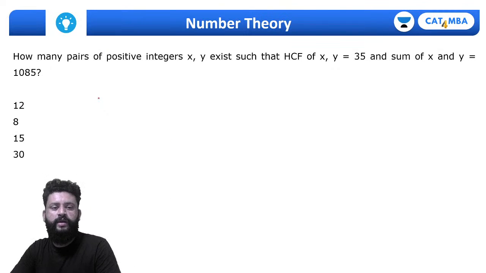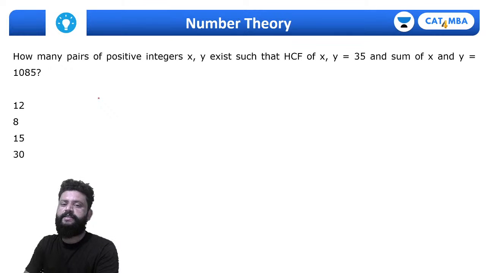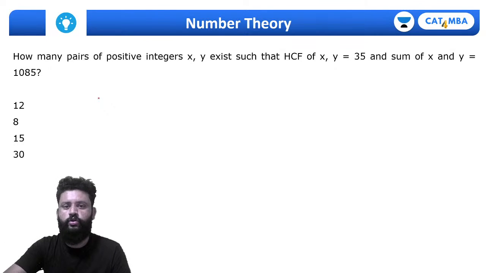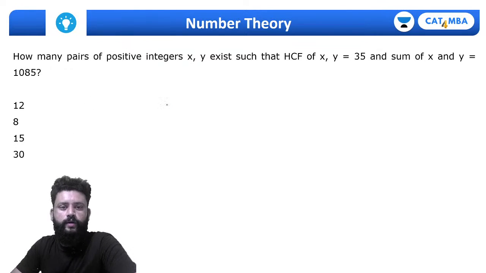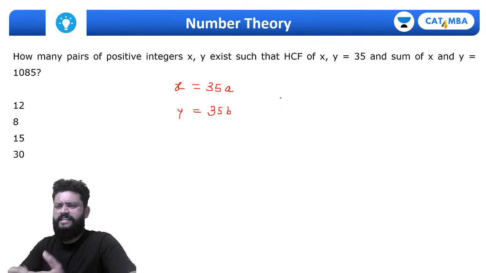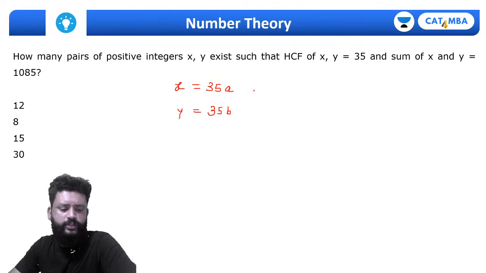Try this. How many pairs of positive integers x and y exist such that HCF of x and y is equal to 35 and the sum of x and y is 1085? तो x और y को हम ले सकते हैं. HCF हमें पता है, 35 है, so x has to be 35a and I can take y as 35b. That's the structured way जो हमने अभी use किया था.